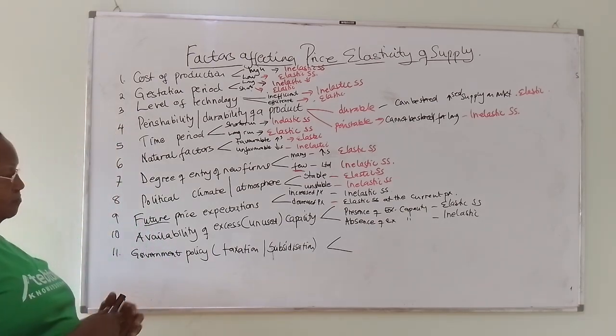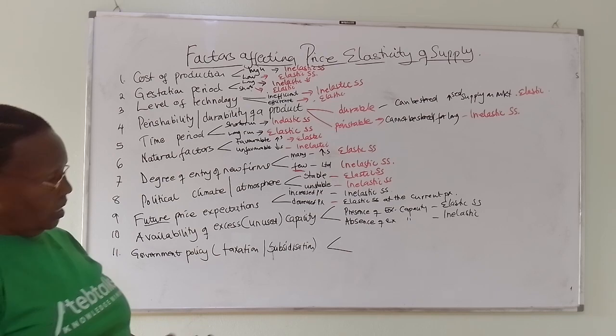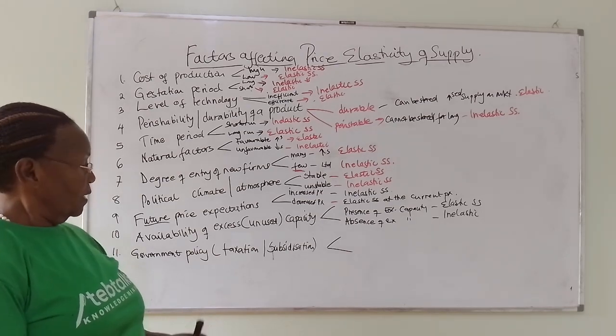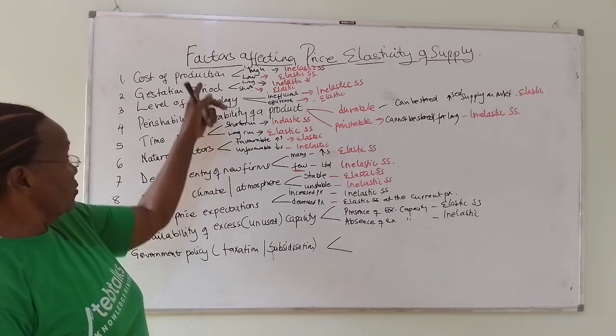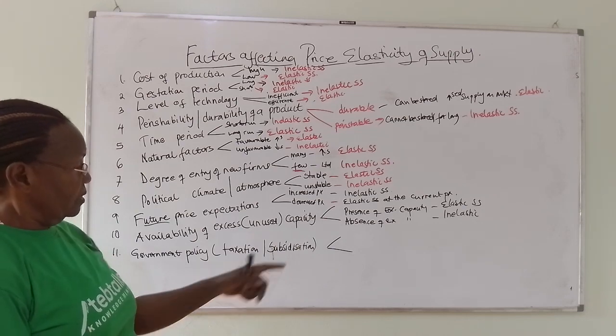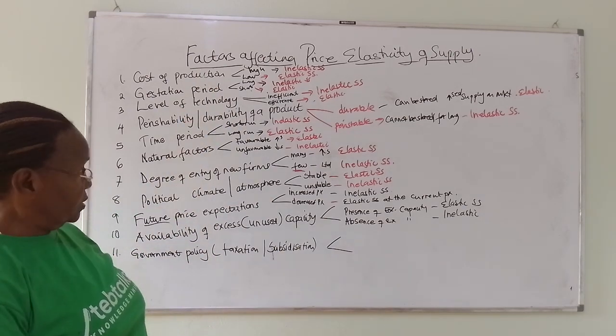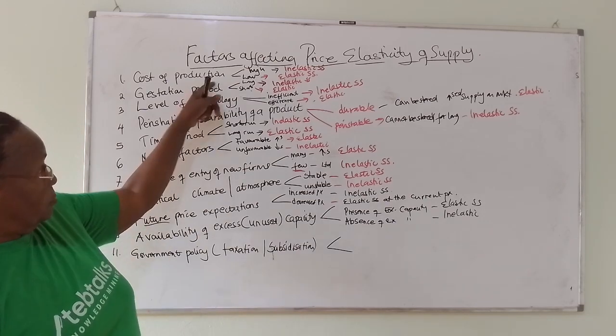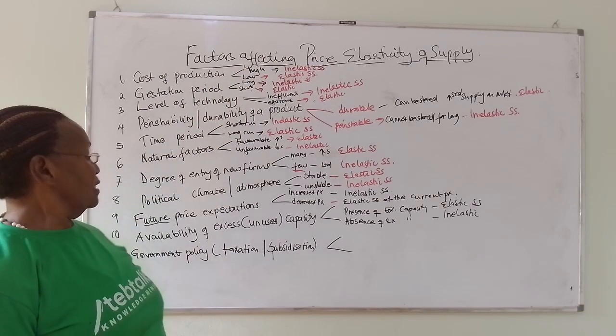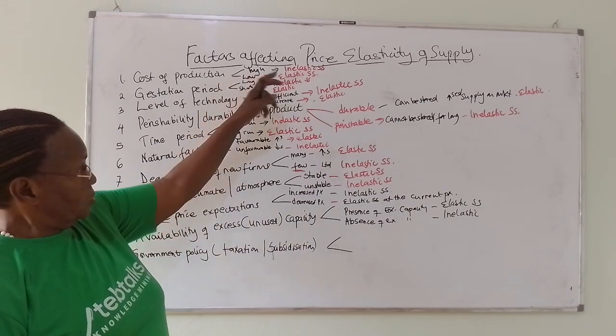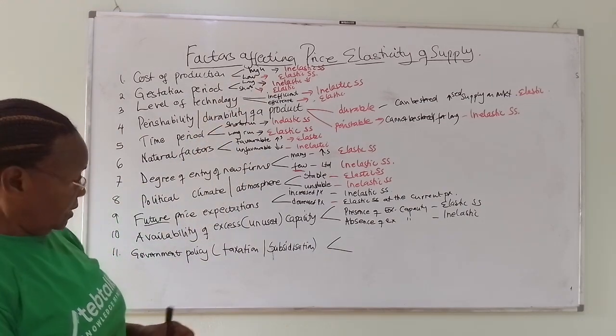Then we have government policy of taxation and subsidization. A tax increases the cost of production of the producer, yet a subsidy reduces the cost of production of a producer. We have already seen that whenever the costs of production are high, supply is inelastic, yet when the costs of production are low, supply is elastic.